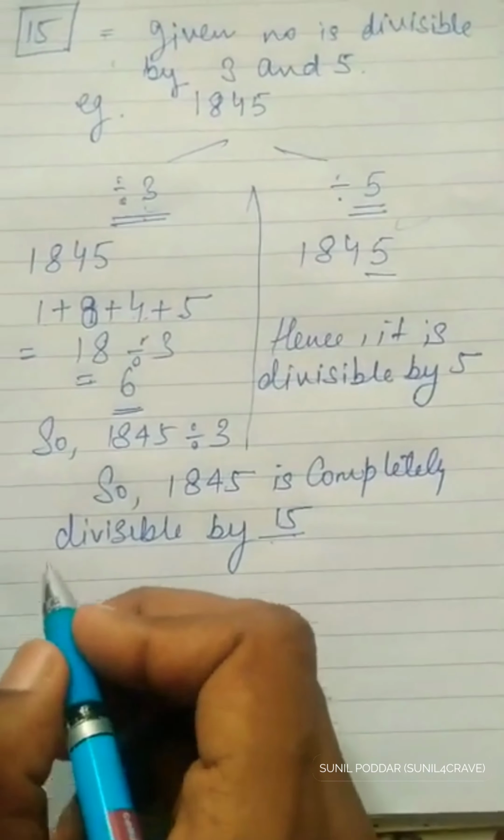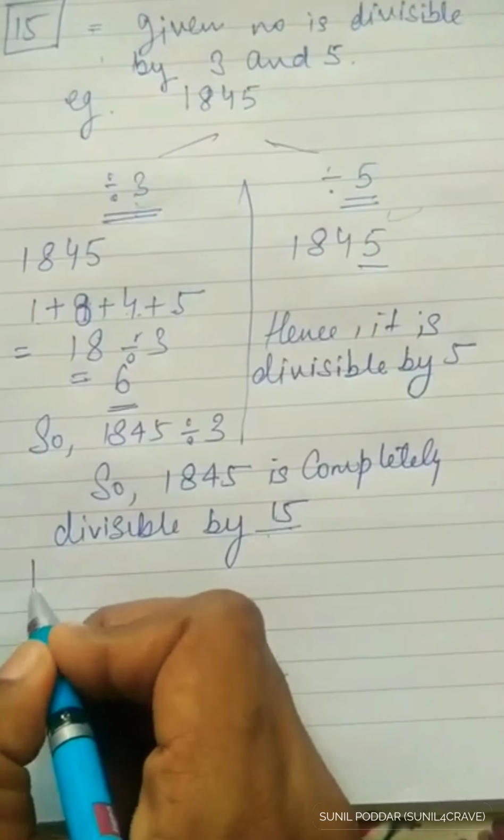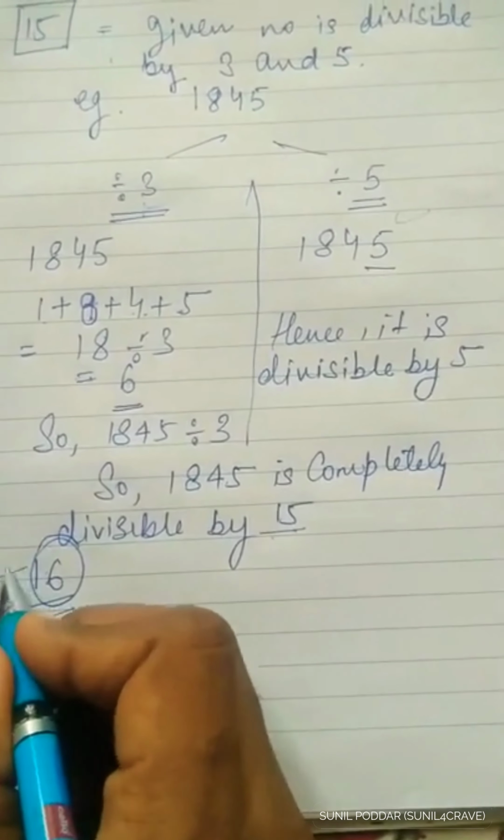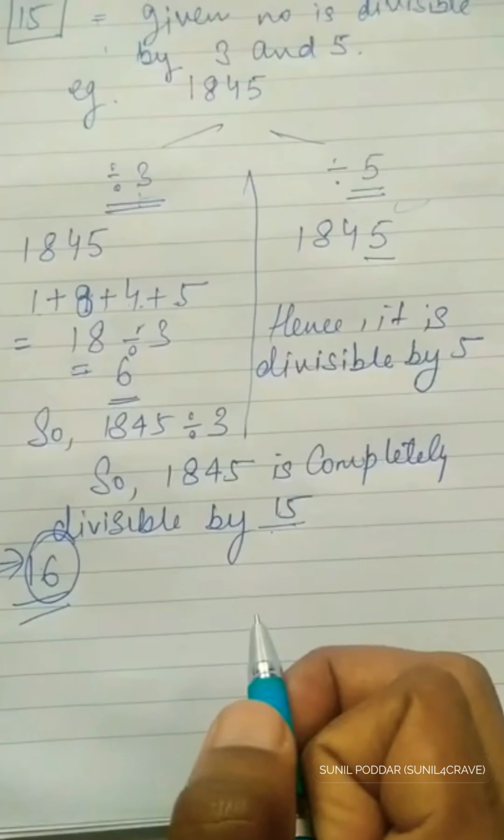Now it comes to the divisibility rule by 16.